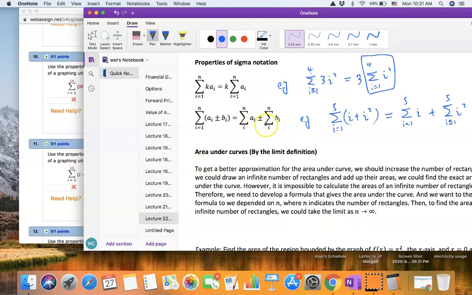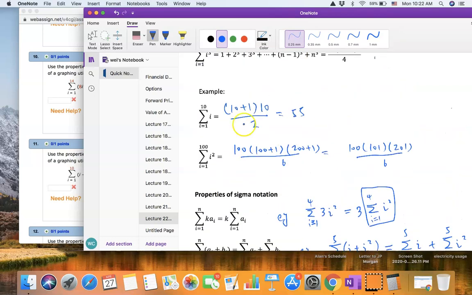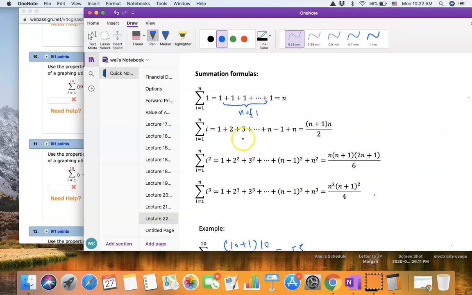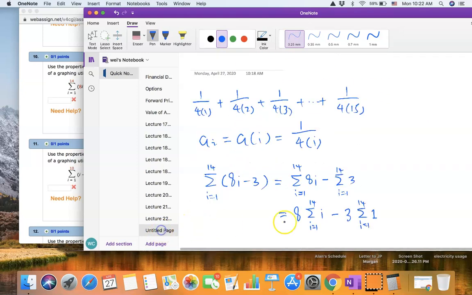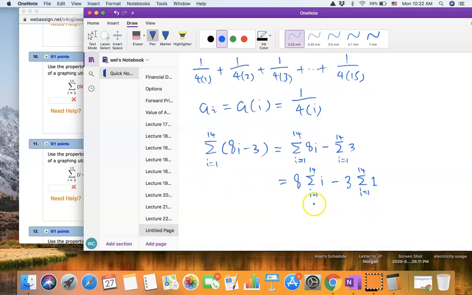Okay, now we are finished using the properties. Next, we're going to need these formulas to figure out the result of each term. To find out what is sigma of i, we use the second formula. Equals n plus 1 times n over 2. Here the n is 14, so this equals 14 plus 1 times 14 over 2 times 8.